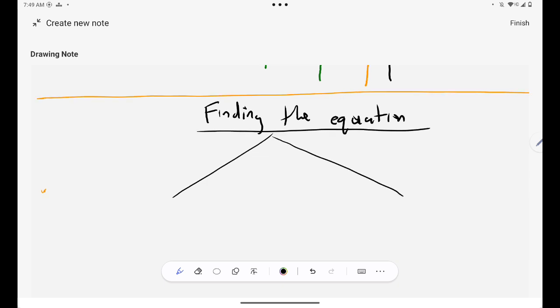Are you together? One of them is just the gradient, the steepness of our graph, and any point on the graph.